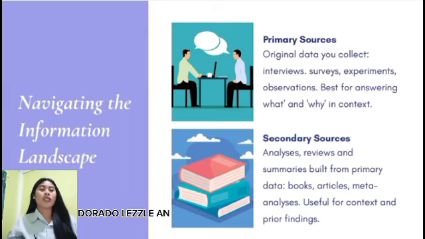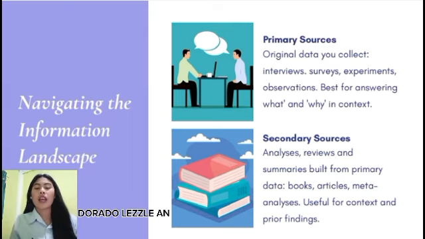So first, what are primary sources? Primary sources are the original data you collect: interviews, surveys, experiments, observations, best for answering what and why in context. So primary sources are the original or first-hand data that you collect yourself or that comes directly from the original event or experiment.